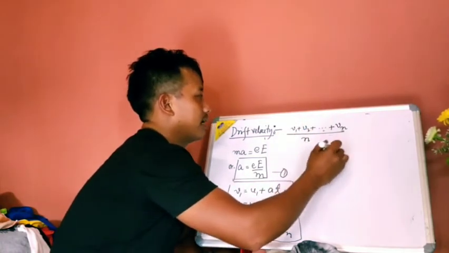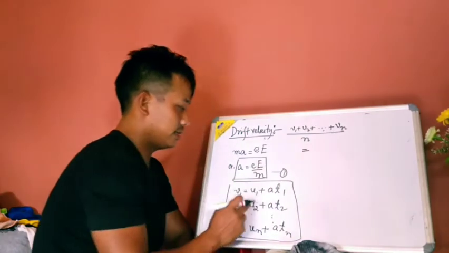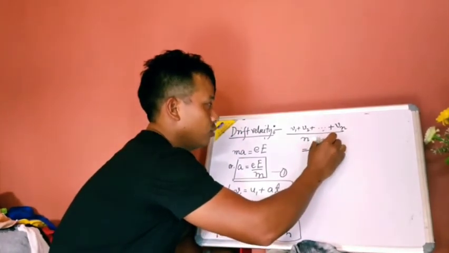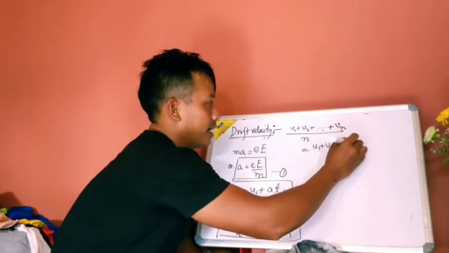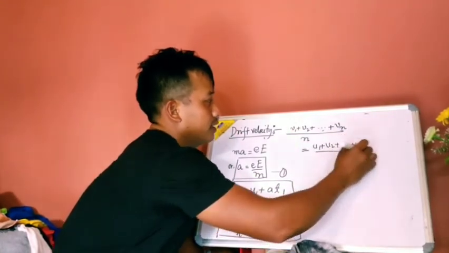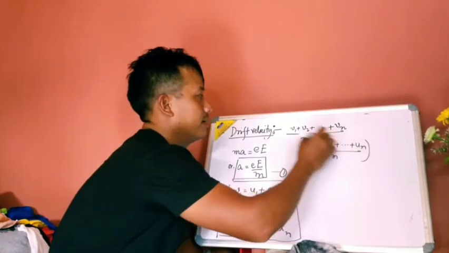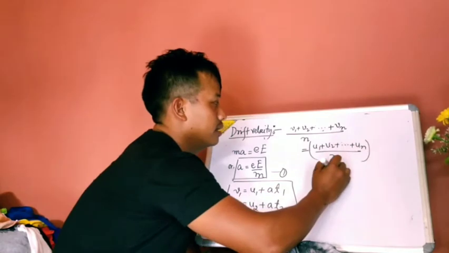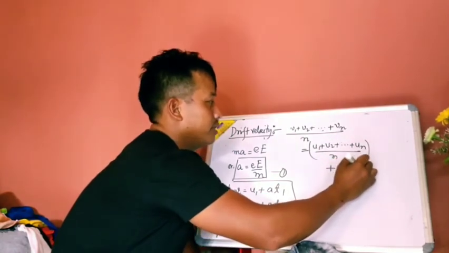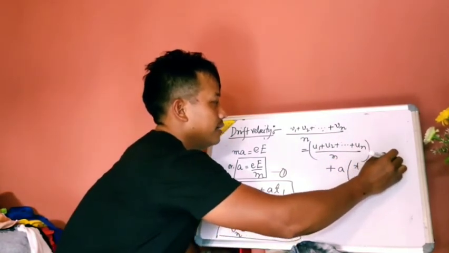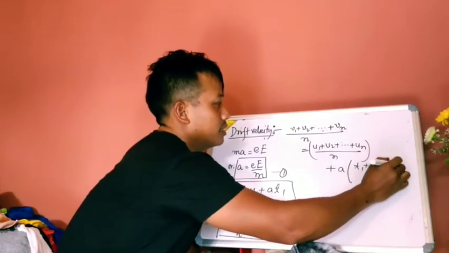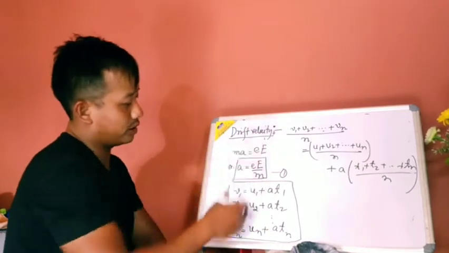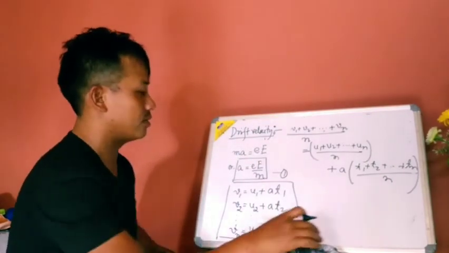On the right side we have u1 plus u2 up to un, divided by n, plus a common a times t1 plus t2 plus t3 up to tn, divided by n. Adding all the equations and dividing by the number of electrons n.